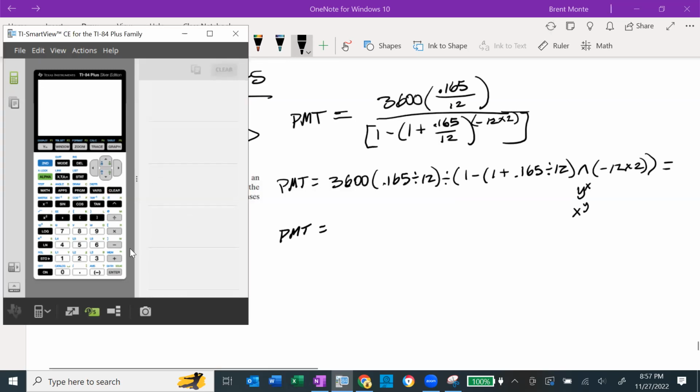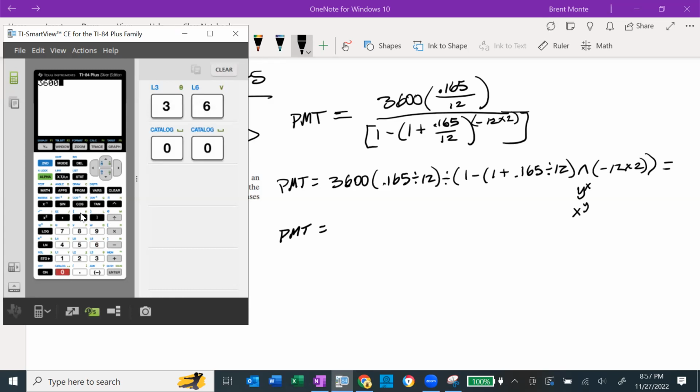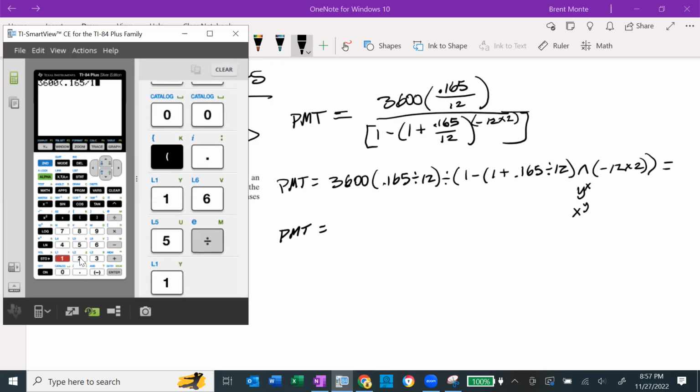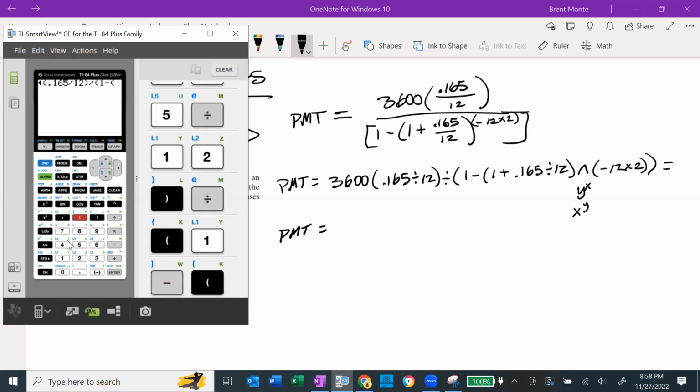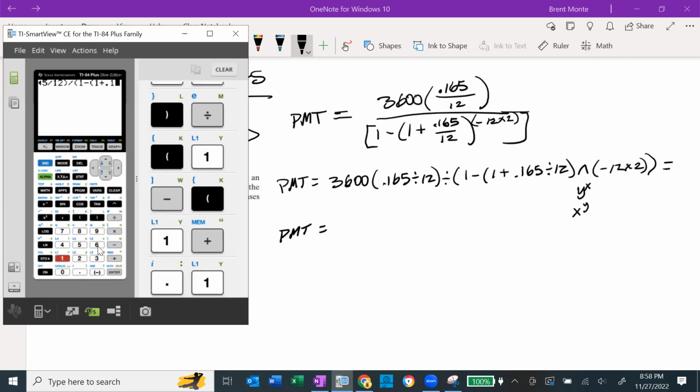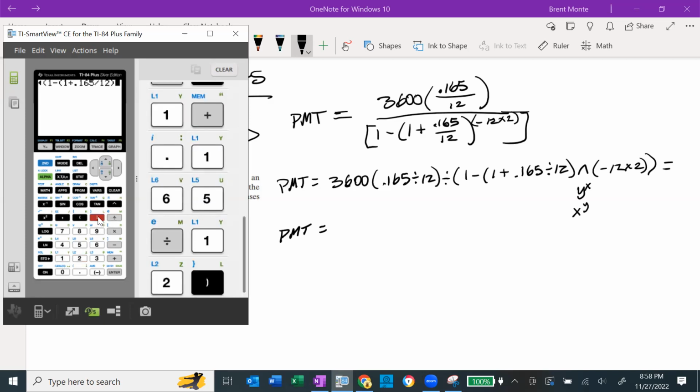That's easy enough to do. 3,600, left parenthesis, 0.165 divided by 12, close parenthesis, divided by left parenthesis, 1 minus, left parenthesis again, 1 plus 0.165 divided by 12, close parenthesis.